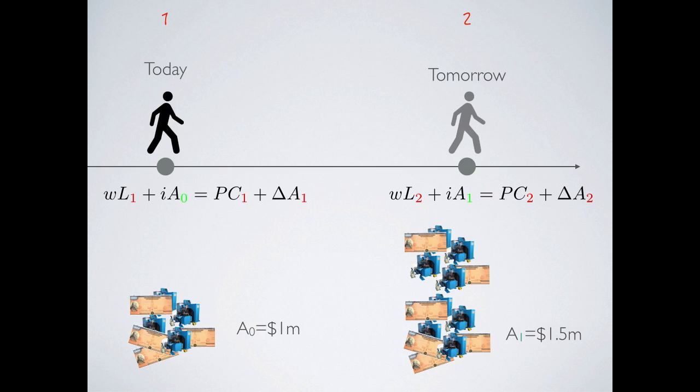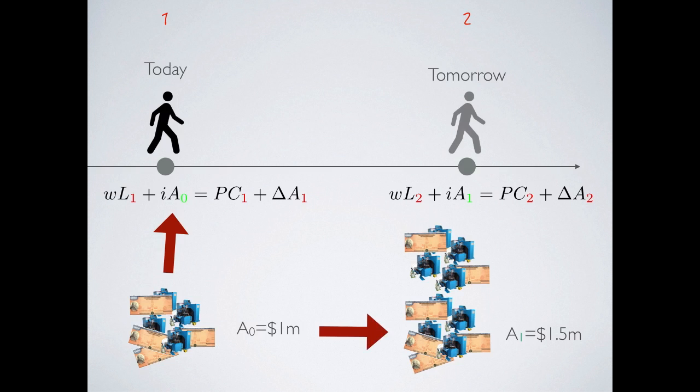And now I also put down the initial asset value for both today and tomorrow. For today, the initial asset value is 1 million. And we know that this initial asset can do 2 things. First, it can generate the asset income for today's household to spend. Secondly, this initial asset can be moved to tomorrow, become part of tomorrow's initial asset.